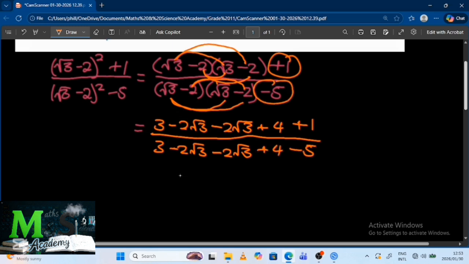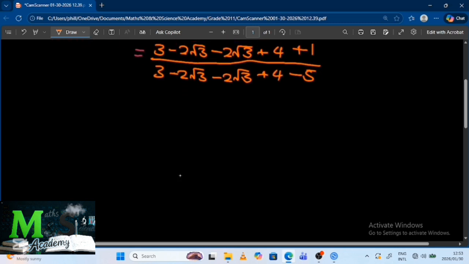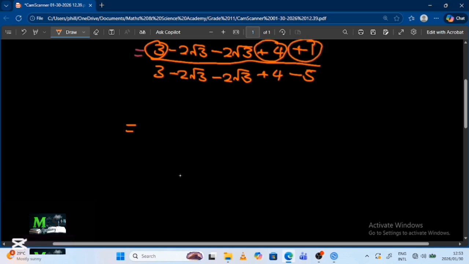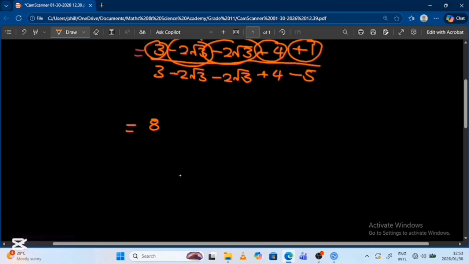We're going to simplify this a little further by grouping all the numbers and the surds together separately. So 3 plus 4 plus 1 gives us 8. Also a negative 2 root of 3 and a negative 2 root of 3 gives negative 4 root of 3.